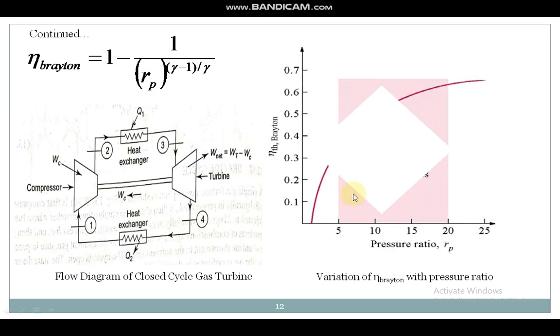So at Rp equal to 1, Brayton efficiency becomes 0, and with the increase of Rp, the variation of eta Brayton with Rp is shown over here. This is the curve we get, and the typical pressure ratio of a gas turbine engine is between 5 to 20.